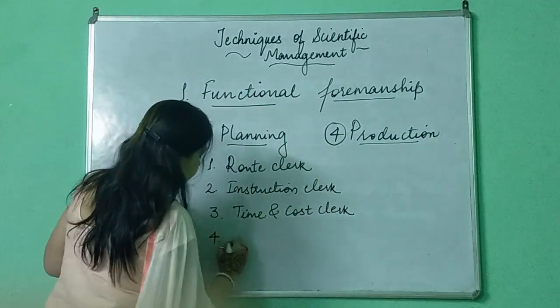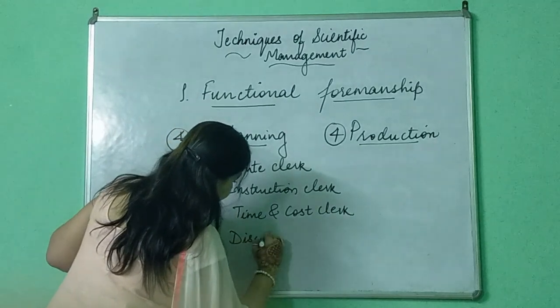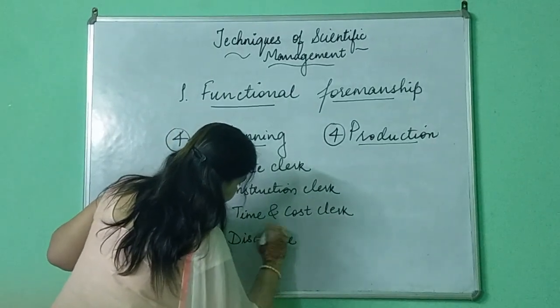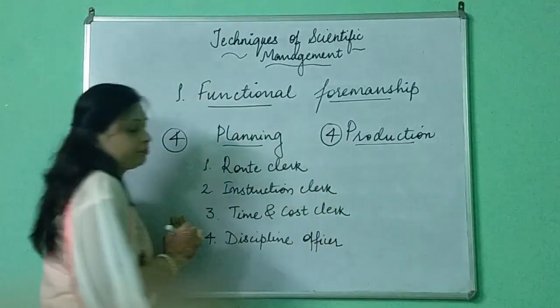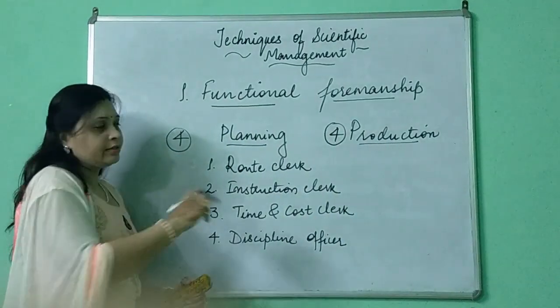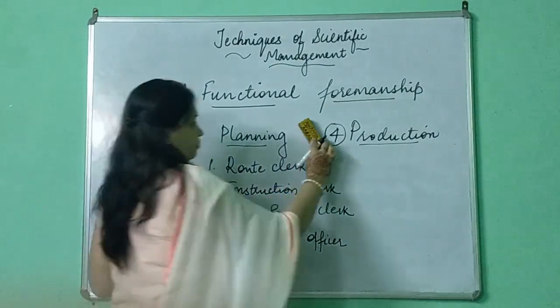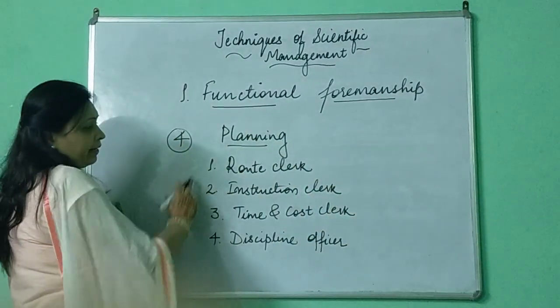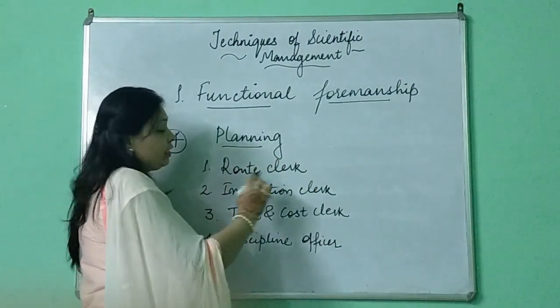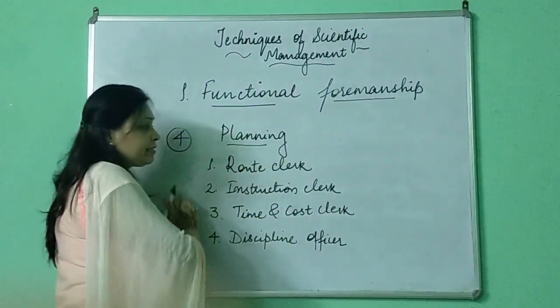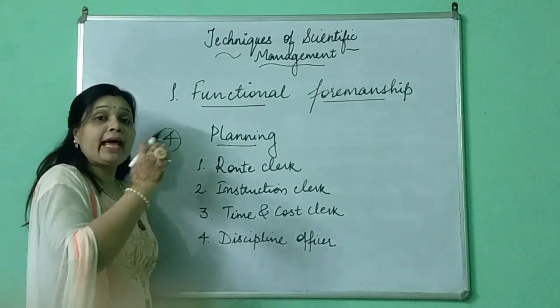And fourth is discipline officer. So first we will see this, then we will do the production department. Now the planning department. What does planning department do? All the 4 officers of planning department plan the activities to be performed.